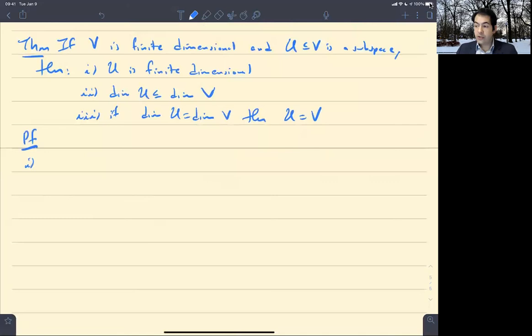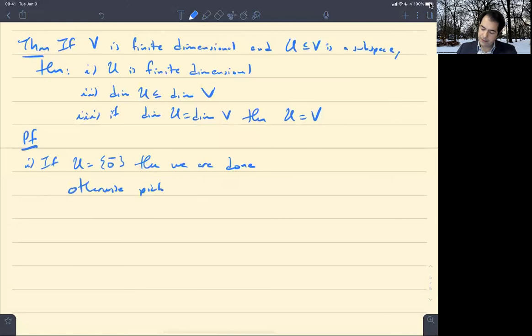Okay, we want to show that U is finite dimensional. So finite dimensional, remember, means that there is a finite spanning set. Okay, well, let's see. If U is just the zero vector, then we're done. It is finite dimensional, it's just dimension 0. Otherwise, pick U1 inside U, excluding the zero vector.